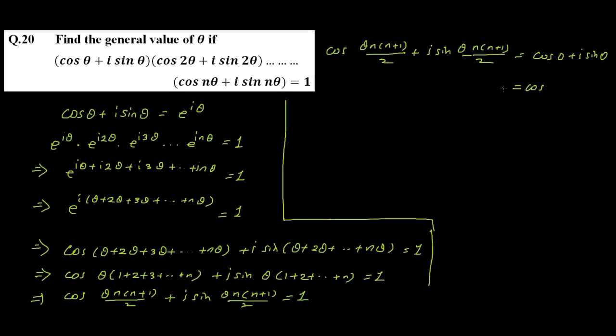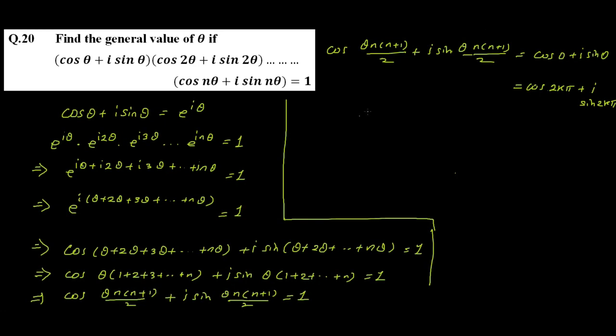Let's go for k because n is already there. Okay, so what is k? k is any integer, so k belongs to Z.